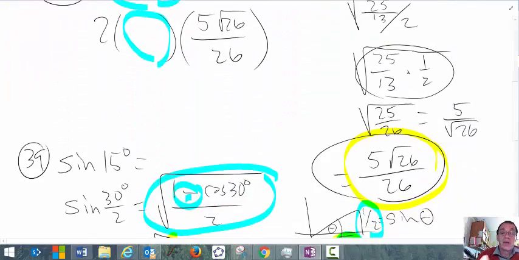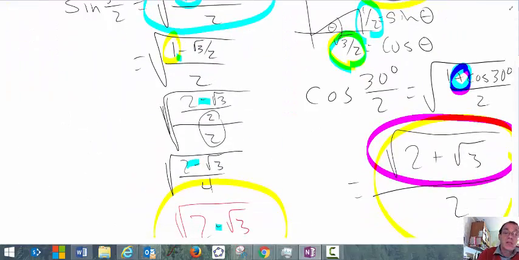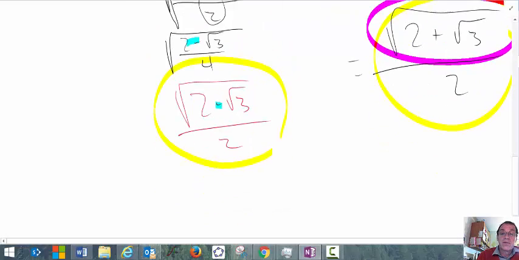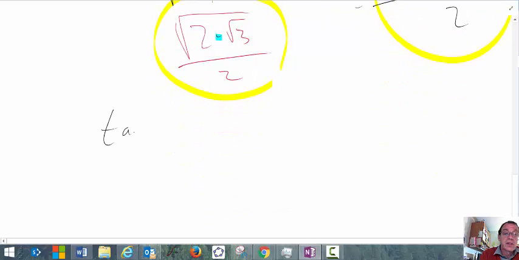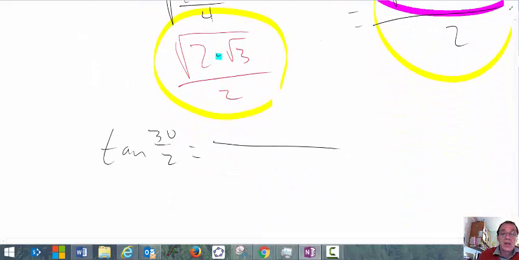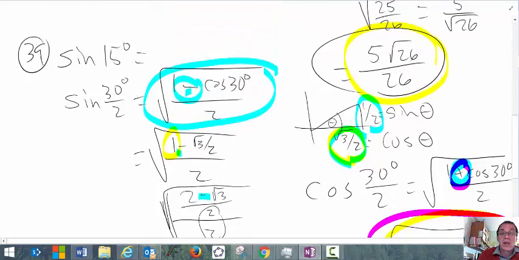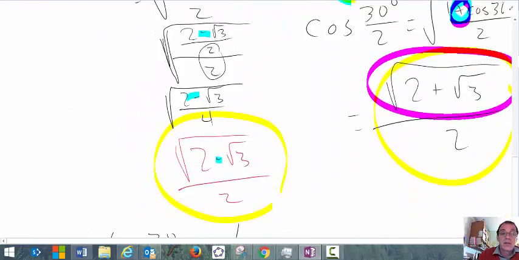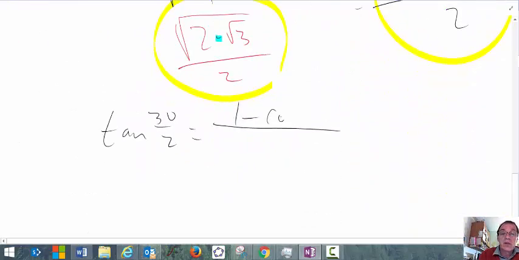So the tangent of 15 degrees, we're going to say is the tangent of 30 over 2, which is equal to, what was that formula? 1 minus cosine over sine. So that's 1 minus the cosine of 30 degrees over the sine of 30 degrees.